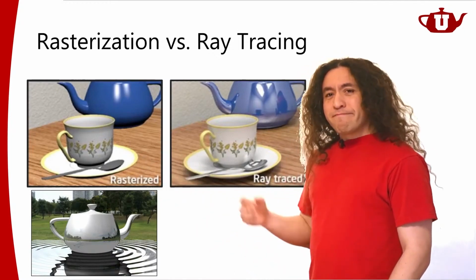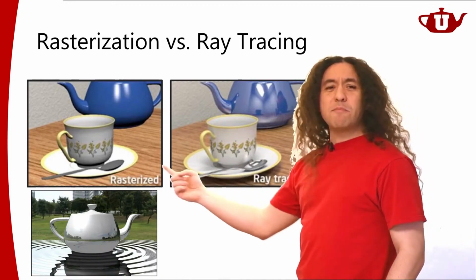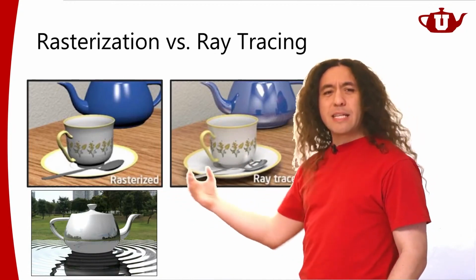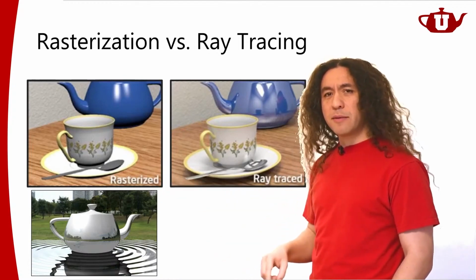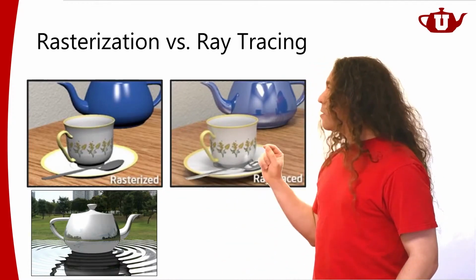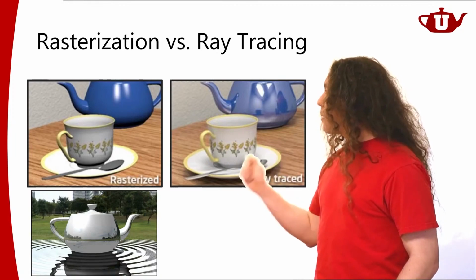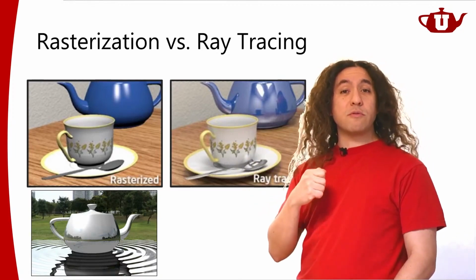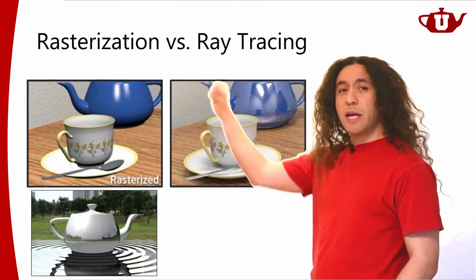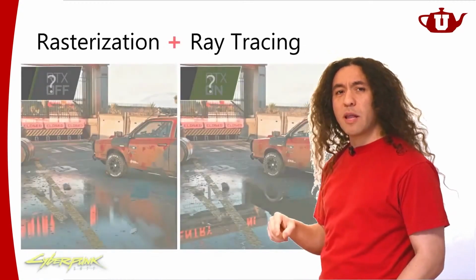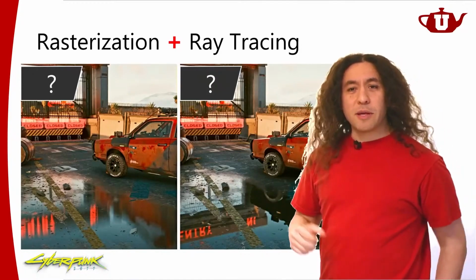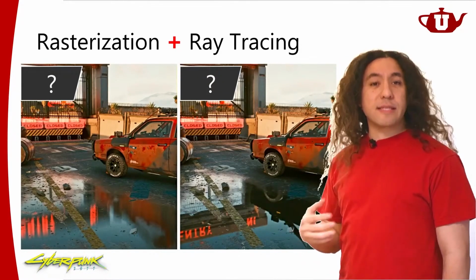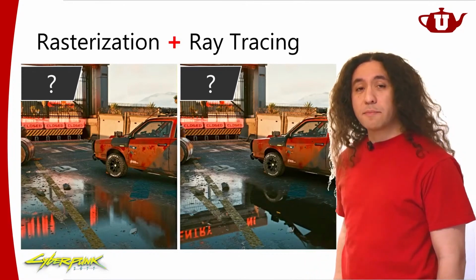So this is a little misleading, because there are things that we can do in rasterization to make that a bit better. But what's happening today is that when we think about how people use the ray tracing support on the GPU, it's not ray tracing versus rasterization. It's more like rasterization plus ray tracing. So that we're combining rasterization and ray tracing. That's how it's used in practice today.